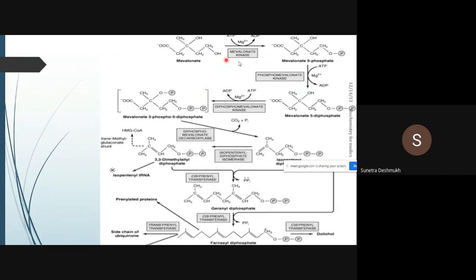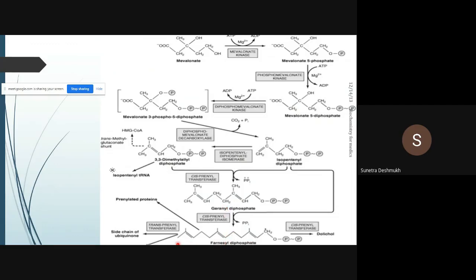Mevalonate we convert to IPP, isopentenyl diphosphate, which contains 5 carbon atoms. Isopentenyl diphosphate we convert to dimethyl allyl diphosphate, DPP. If we combine these together, we get geranyl diphosphate, and geranyl diphosphate we can eventually convert to farnesyl diphosphate.